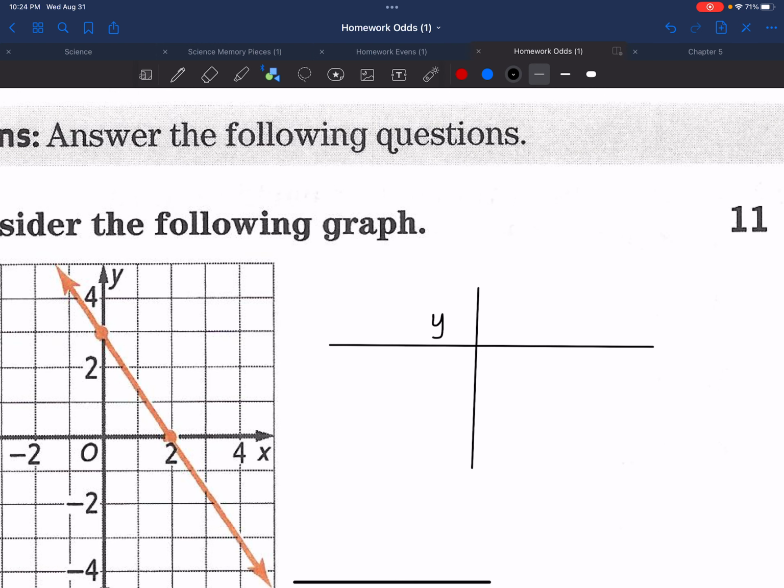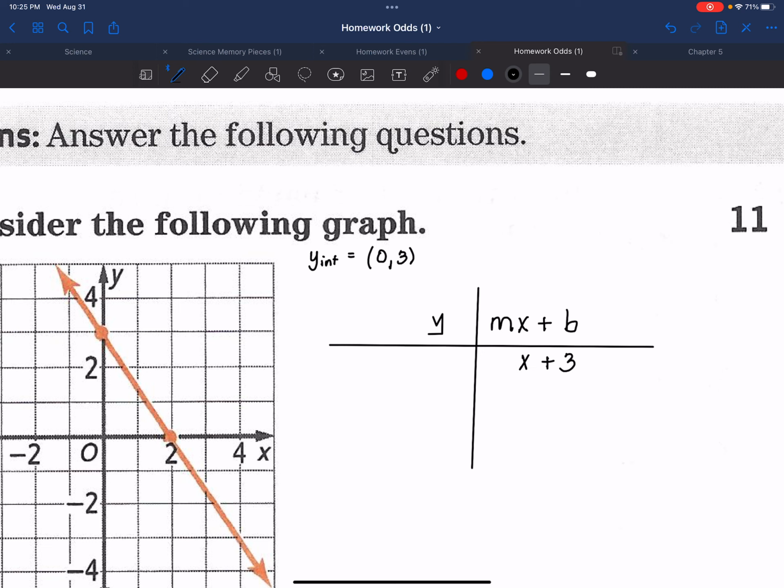So slope-intercept form is y equals mx plus b. And I can tell you the y-intercept is 0, 3. So b is positive 3.